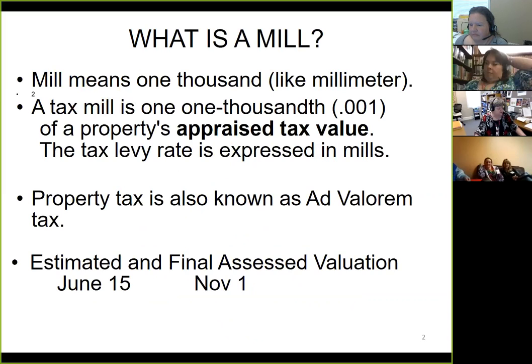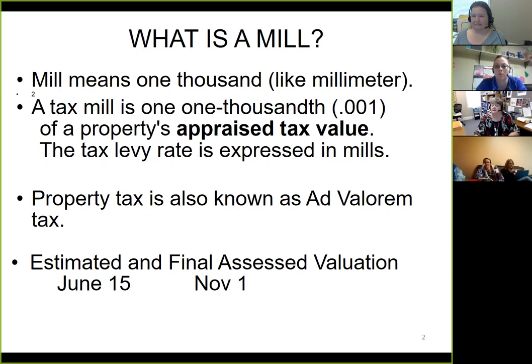I think we briefly talked about this last time, but a mill is 1/1000th of the property's appraised value. So we're going to look at some things, and I'm going to point out the appraised value. I'm going to ask you to chat back what you think the value of a mill is.